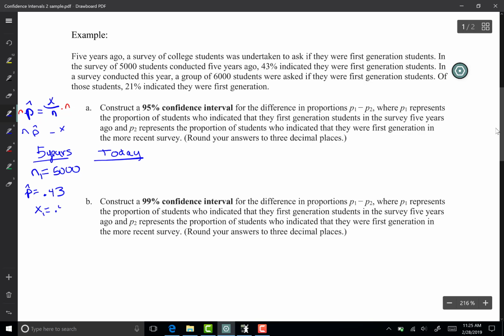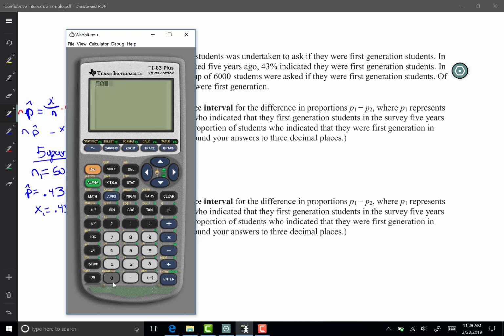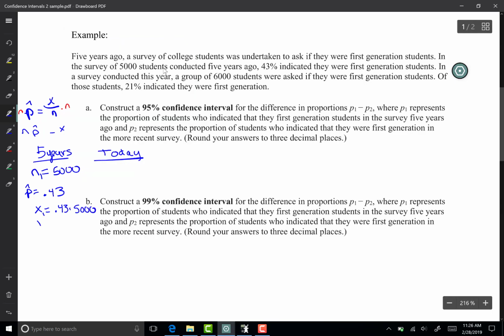In this case, we take our 43% times 5,000 because we want to know the number of students that were first-generation students 5 years ago. So 5,000 times 0.43. I get 2,150 students.